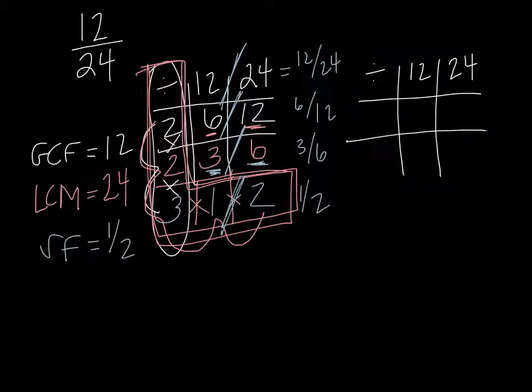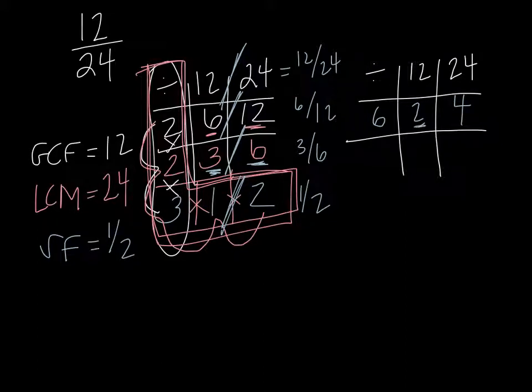Now, if I look at my other example, I'm going to show you that had I used different numbers, I would have still gotten the same GCF, LCM, and simplest form. So 12 and 24, I know, can also both be divided by the number 6. So on my other example, I'm going to use 6 under the division bar. 12 divided by 6 is 2. 24 divided by 6 is 4.